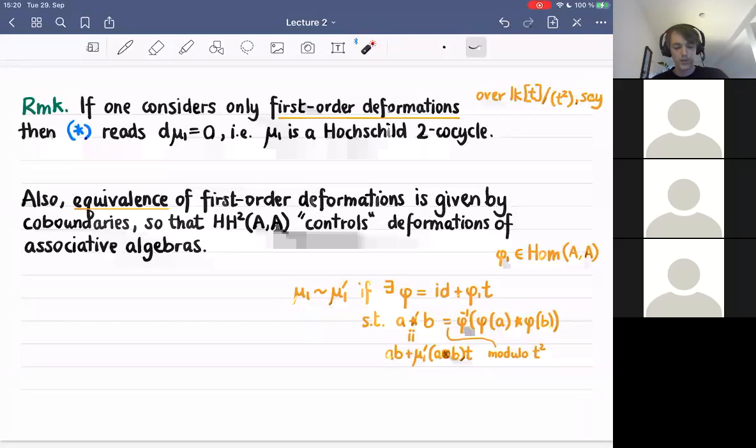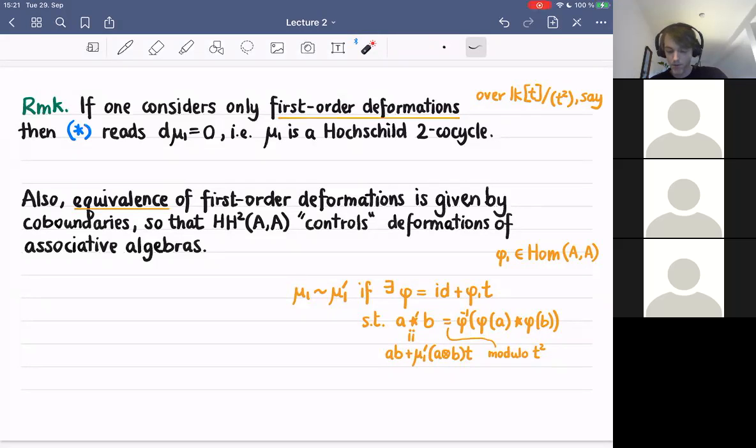So you say two first order deformations are equivalent if there exists a map phi, which is of the following form: identity plus phi1 times t, where phi1 is an element from A to A, such that if you take the first order deformation associated to mu1 tilde, you call it star tilde, and the one for mu1 you call star, then you can send them.